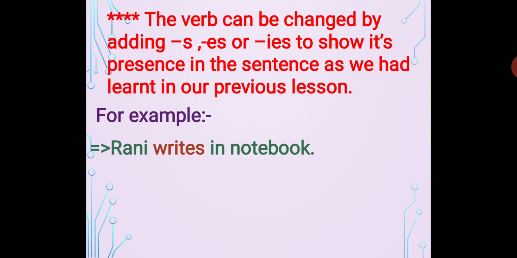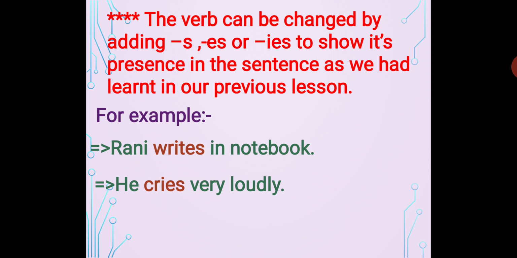Rani writes in notebook. Rani is a singular noun, right? Writes: what is the spelling of write? W-R-I-T-E. So what do we add? Yes, we add only s to show that write plus does means writes.